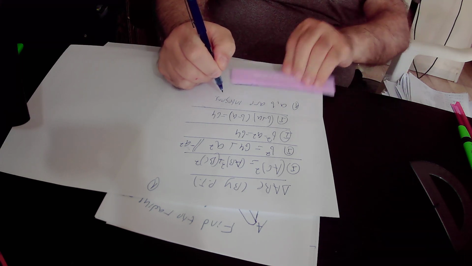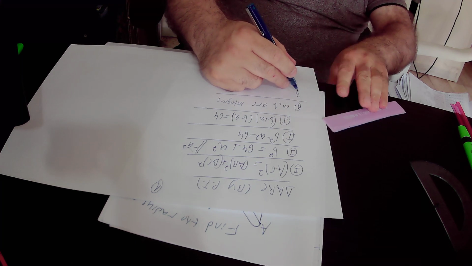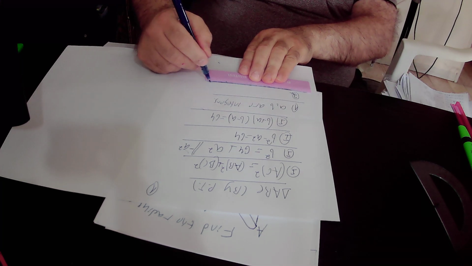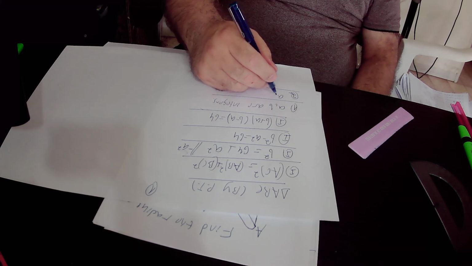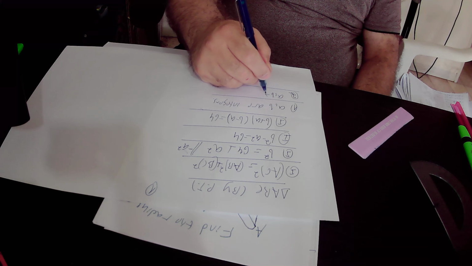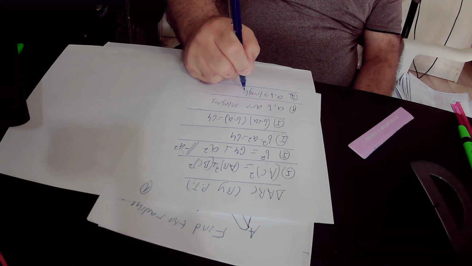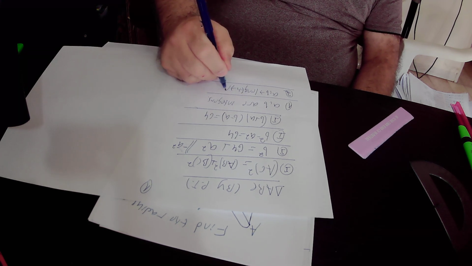And the second thing is that A and B are lengths of the right triangle ABC, and as lengths they must be positive.